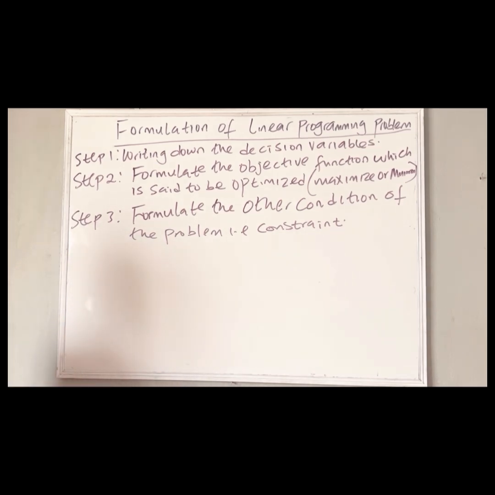Our inequalities can be less than or equal to, or greater than or equal to. When we are maximizing and it deals with profit, our constraint sign is less than or equal to. If it is minimizing, that is, we are minimizing the cost, our inequality sign is greater than or equal to. So this is done by formulating the other constraints.